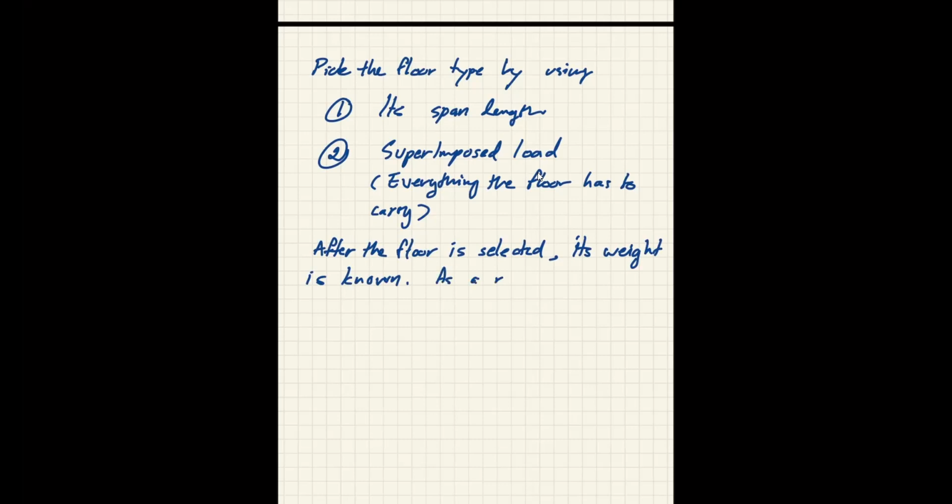As a result, W on the beam is the superimposed load plus the floor weight. Okay, that's clear enough?